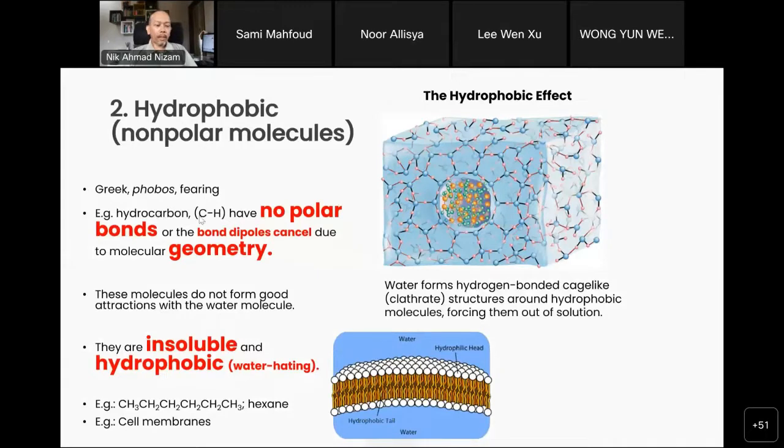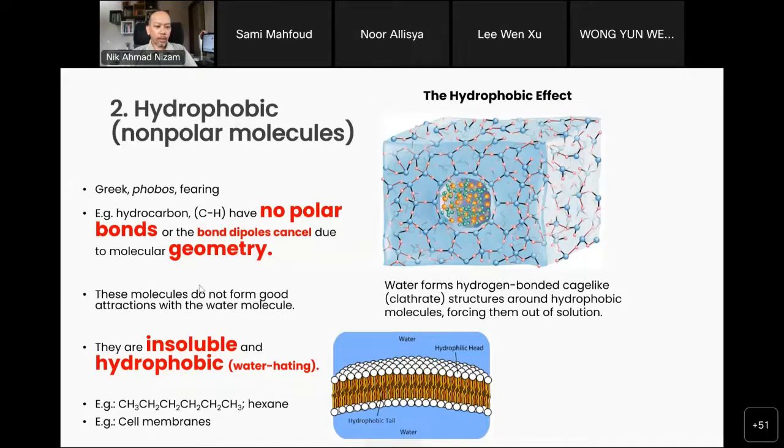So hydrocarbons, CH, for example like hexane, have no polar bonds, or the bond dipoles cancel due to molecular geometry. Okay, like I told you about methane, for example. Methane has CH, and CH is a non-polar bond. And these molecules do not form good attraction with the water molecule.